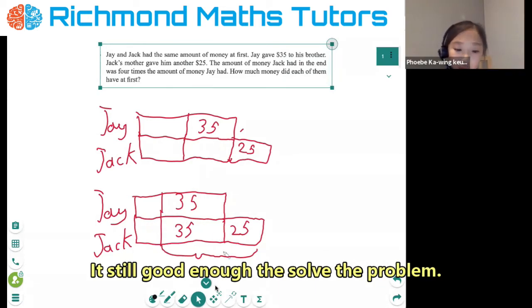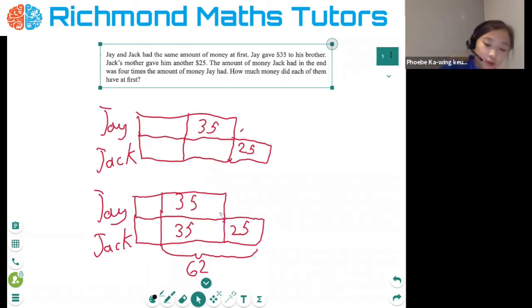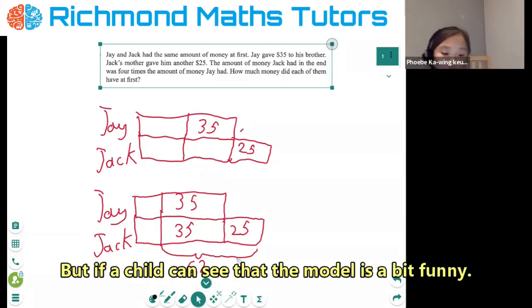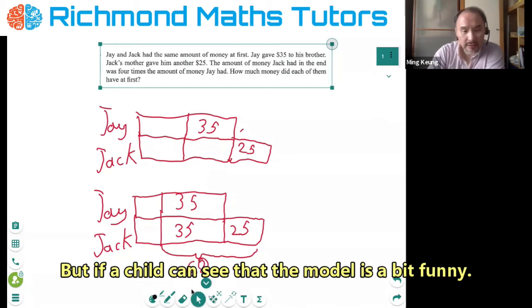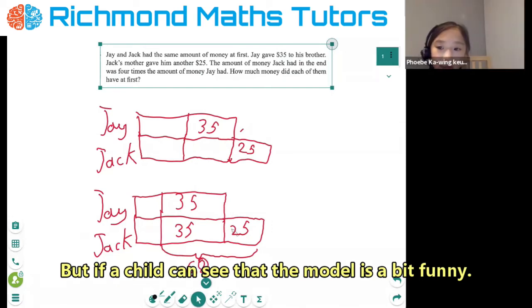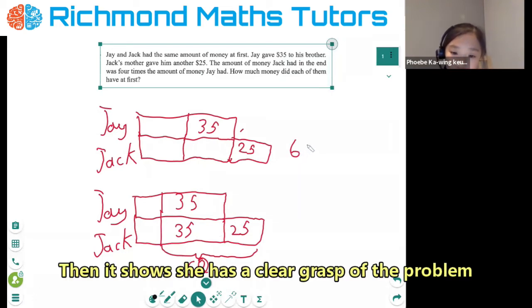When I add 35 and 25, that's 60. These aren't both 1/4, it's 3/4 altogether, sorry. Is that 60 or 62? No, that's 60. So 60 equals 3/4.